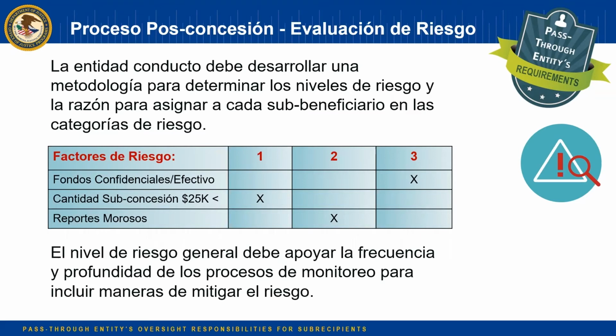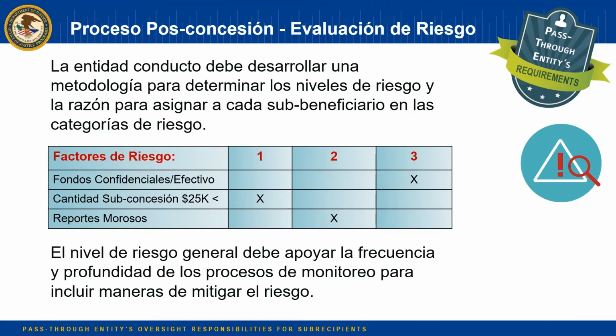So the first one here is confidential funds or petty cash. I think that anytime an organization has a petty cash box on hand, that puts them at a higher risk of mismanagement, possibly, of those grant funds. So I would tend to rate that as a high risk.